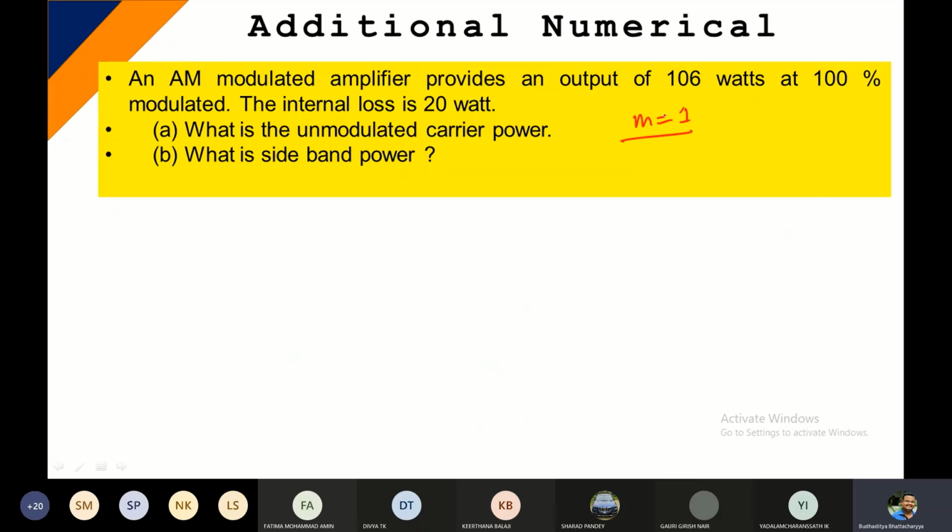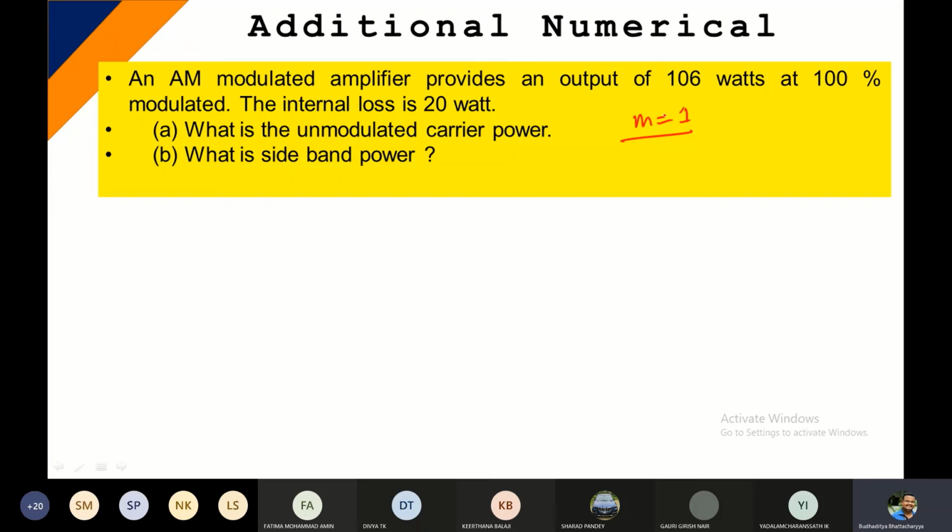It can't be greater than 1, but it can be equal; that is the maximum value, because otherwise there will be distortion. So at n equals 1, they are getting 106 watts, and the internal loss is also 20 watts. Now, the question is to find the unmodulated carrier power.